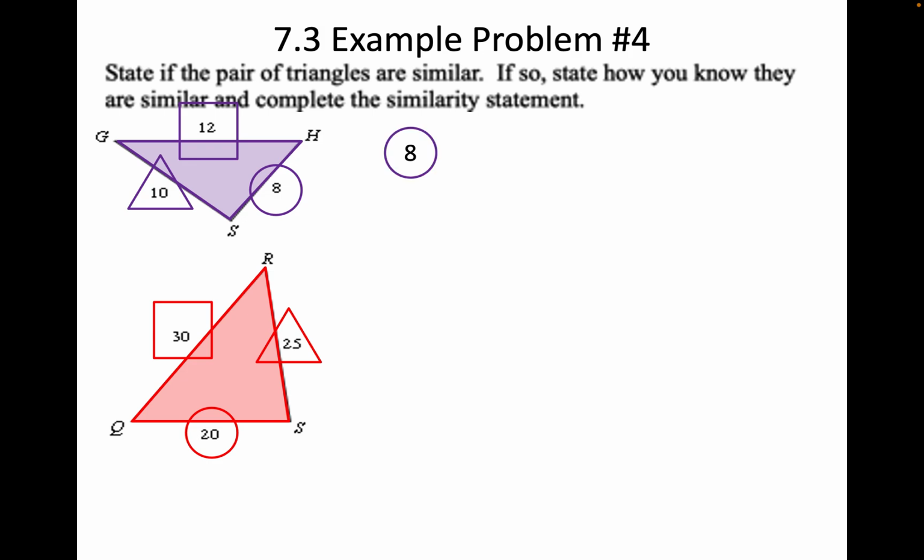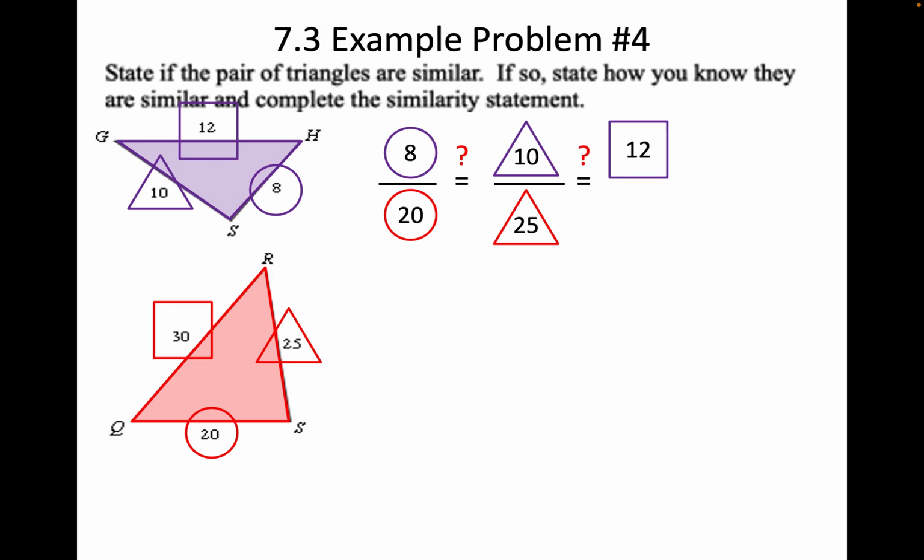It just allows me to see that if these are going to be similar triangles, then the small side of the purple ratio to the small side of the red one must equal the medium side of the purple one over the medium side of the red one, which must also equal the large side of the purple one over the large side of the red one.